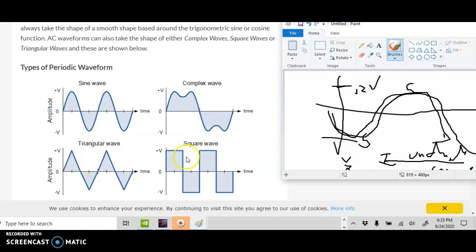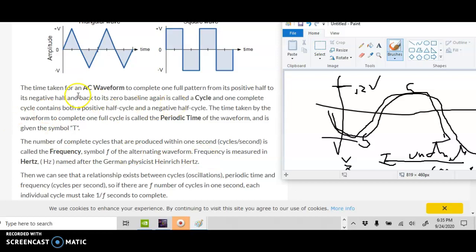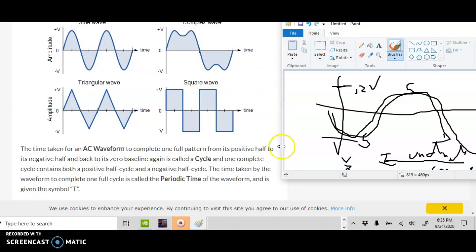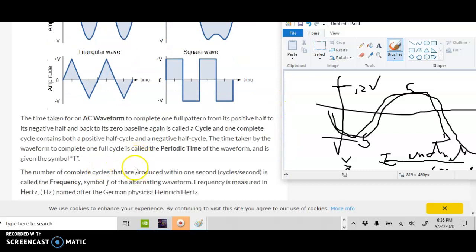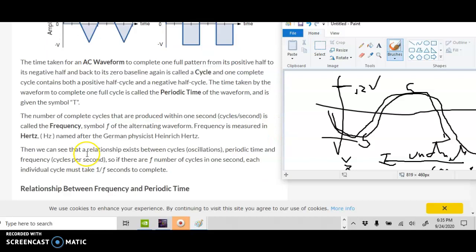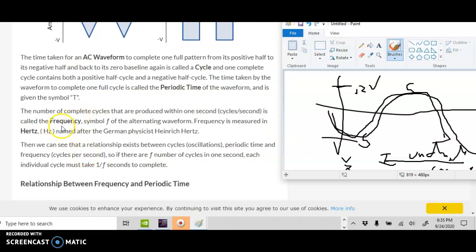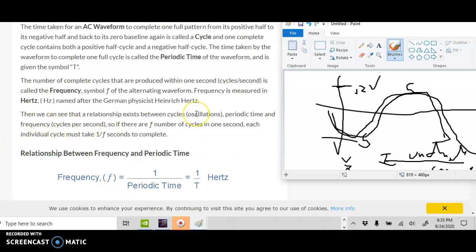Sometimes you might see it triangular, sometimes you might see it like this, and so these are basically cycles. So you have a cycle going on, and the time taken by the waveform to complete one full cycle is called the periodic time.